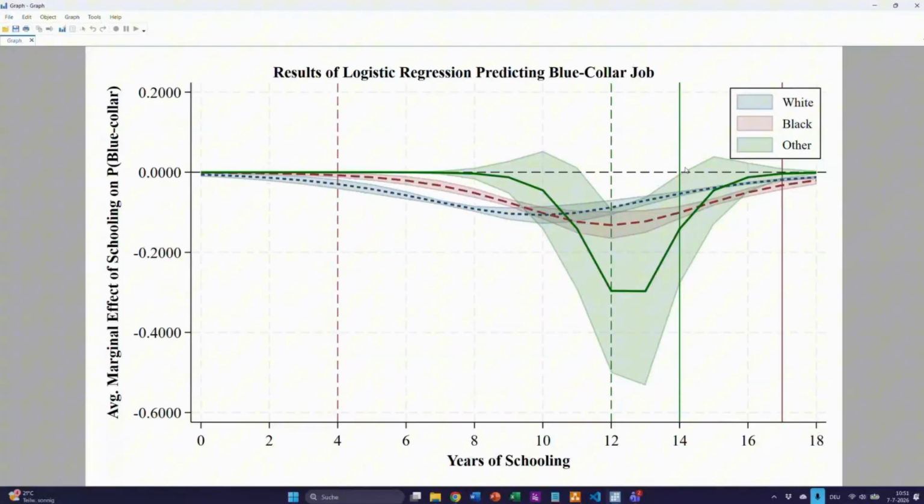So for the white group, the whole range is statistically significant, and it's also a very narrow confidence band. And that's why there's no line for the white group. No blue line is present here just because now the whole range is covered.